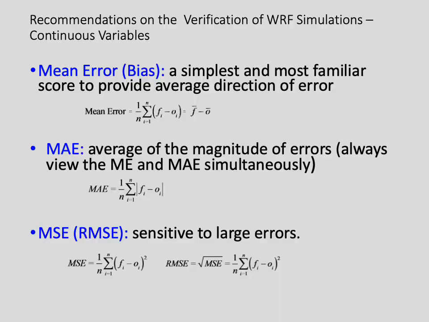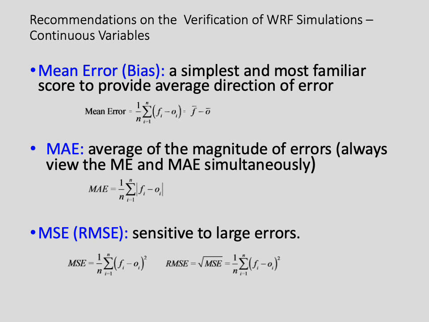Let's first look at the verification of continuous variables. Three most commonly used measures for continuous variables are the mean error, mean absolute error, and root mean square error. The mean error is the average of all the differences between simulations and observations.